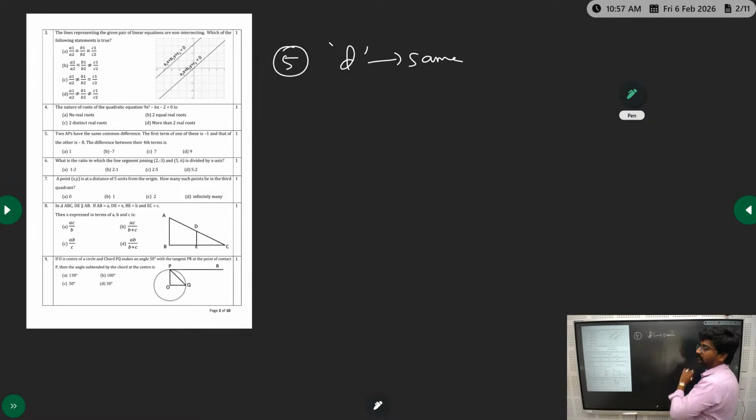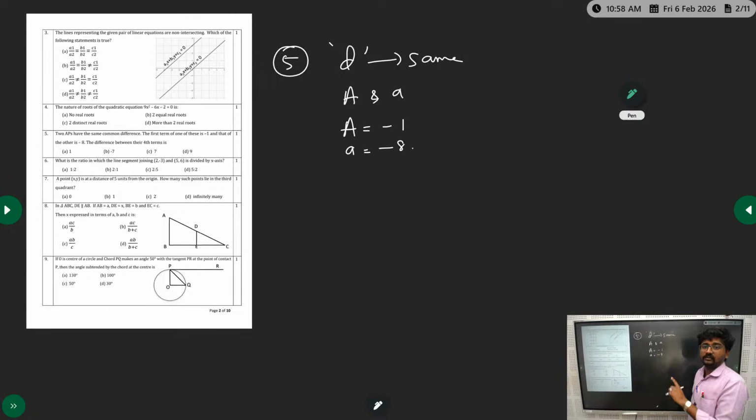Then what will be different? First terms are different. I will take a and capital A. The first term of one of these is -1 and the other is -8. Means capital A value is -1, small a value is -8.